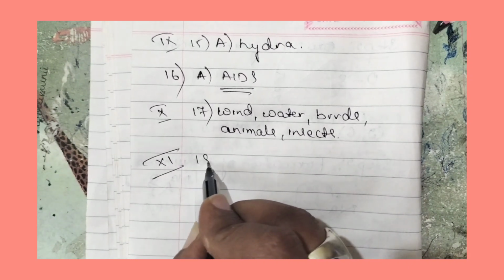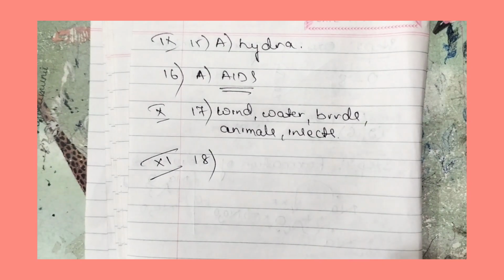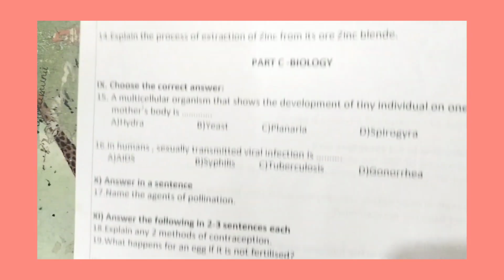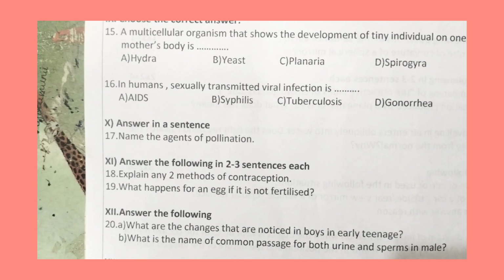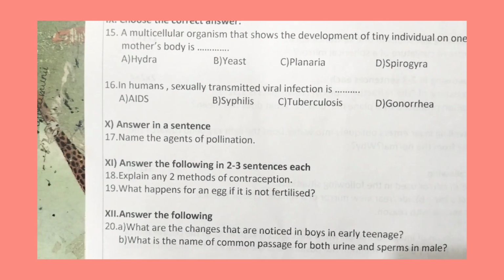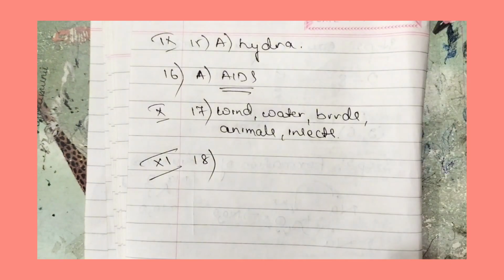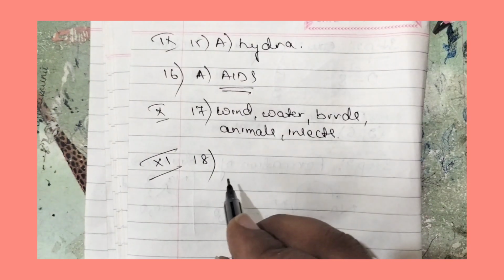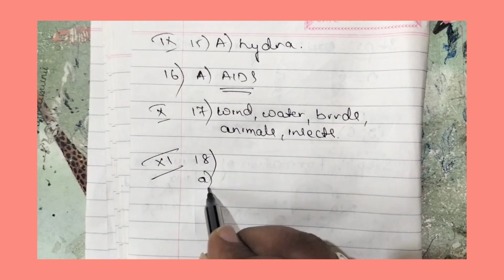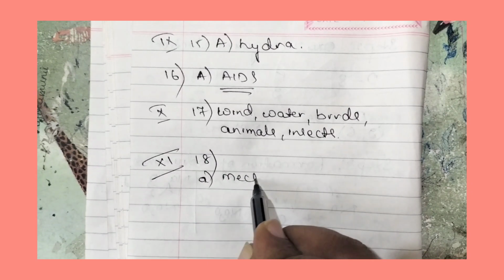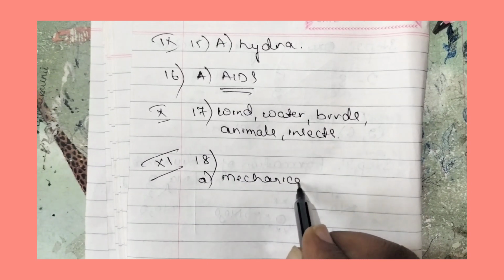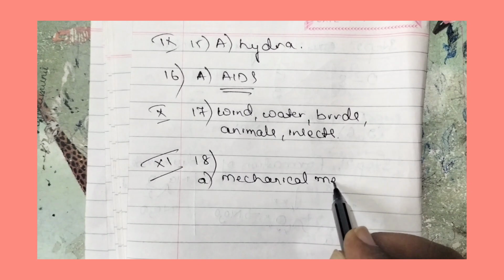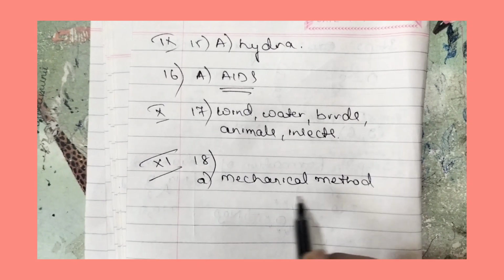Now let us move to the 18th question. Explain any two methods of contraception. The first method is called the mechanical method, or it is also called the barrier method.